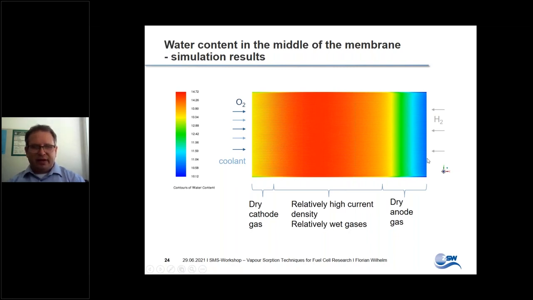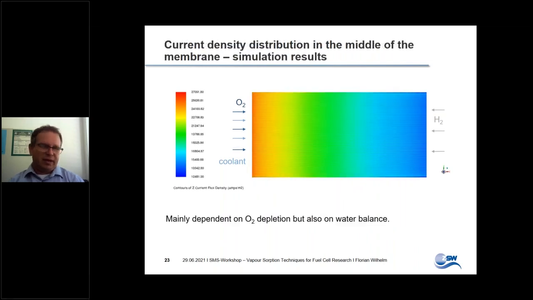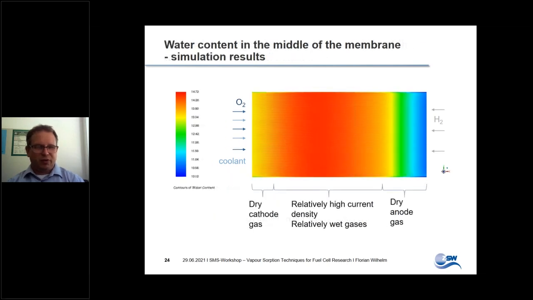Whereas on the right side, where the relatively dry anode gas enters, we see low water content of the membrane. And on the left side as well, we see a lower water content. Now it really depends on the specific design of the cell and the properties of the material whether the current density has the shape as shown here, a linear decrease from left to right, or if it follows a different shape, then determined by the membrane properties.